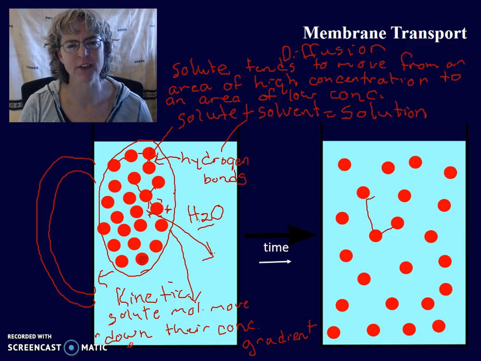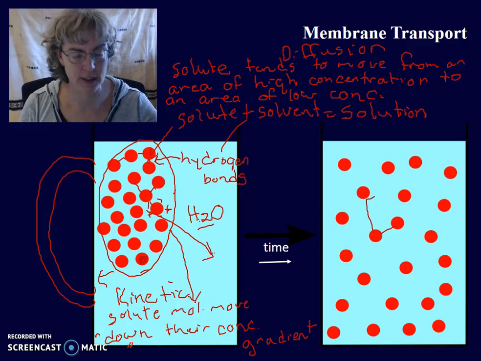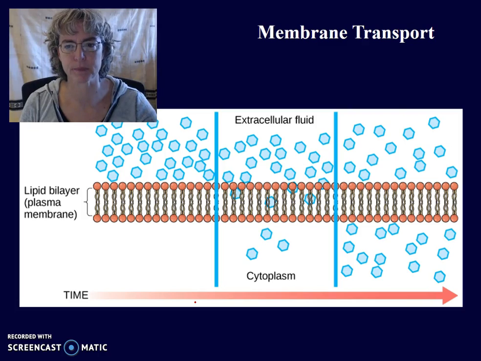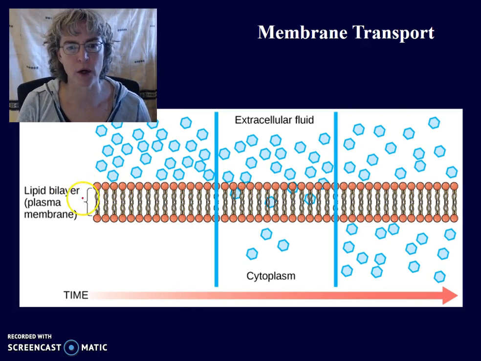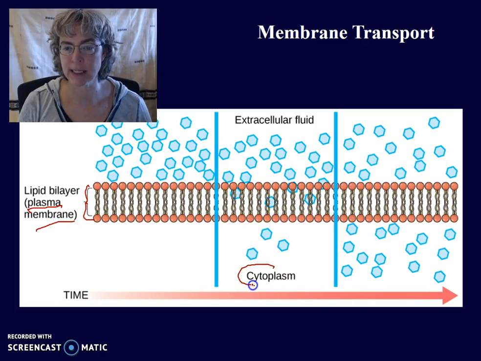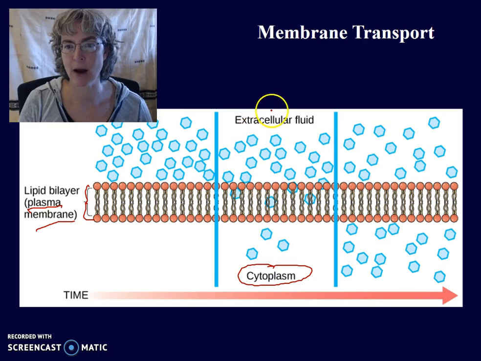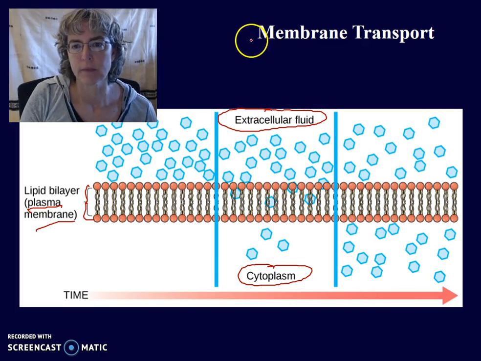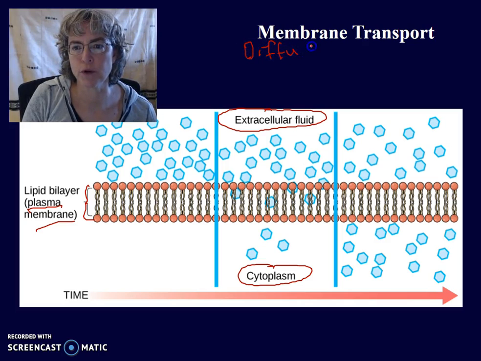Okay, so what does this have to do with the cell membrane? Let's check that out. Here is our cell membrane. This is the phospholipid bilayer of the plasma membrane. Here we've got inside the cell the cytoplasm, and outside the cell the extracellular fluid. And we are talking about diffusion.